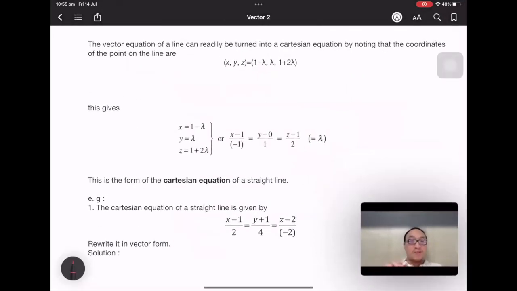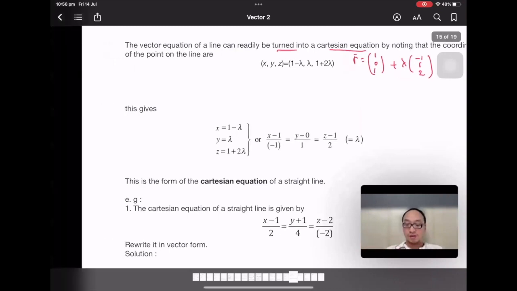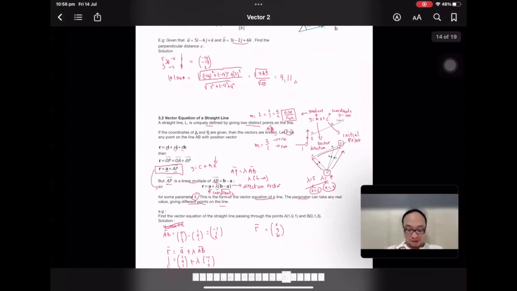This vector equation can be turned into the Cartesian equation. Before, we have r equals 1, 0, 1 plus lambda negative 1, 1, 2. Yeah, correct?